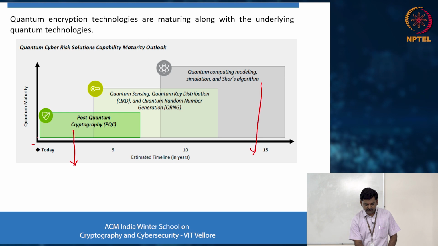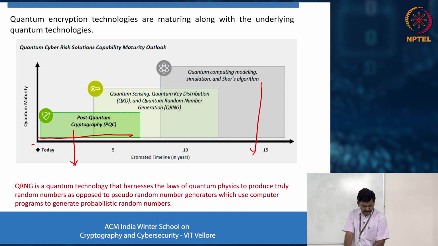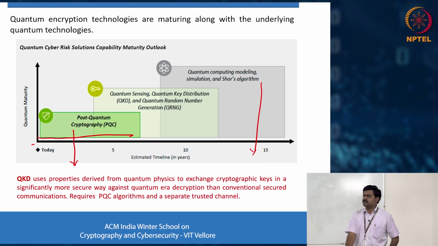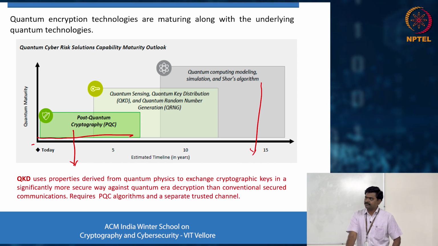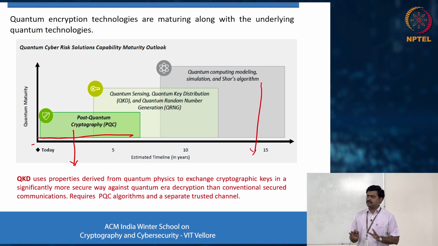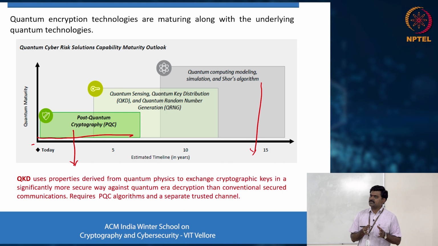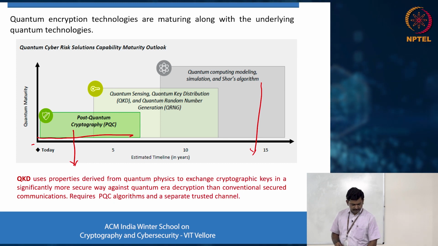But now what people are talking about is post-quantum cryptography, PQC, and then quantum key distribution, that is the quantum cryptography. So I think you must have got a very broad overview of quantum impact on cryptography, what is quantum cryptography, and what is post-quantum cryptography.